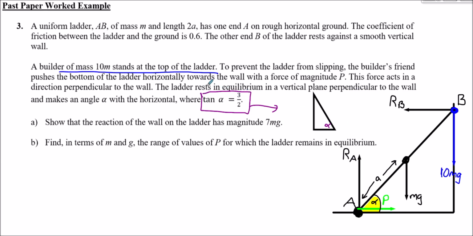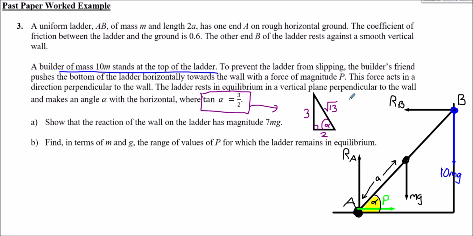So if the tan ratio is 3/2, that means that the opposite and adjacent are in the ratio of 3:2. We can now use some simple Pythagoras to work out, relative to this side, the opposite and the adjacent, what the hypotenuse would be. If hypotenuse squared is 3 squared plus 2 squared, which is 13. Therefore, this hypotenuse would be the square root of 13.